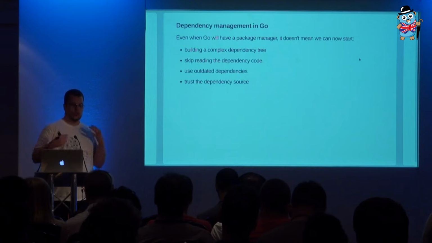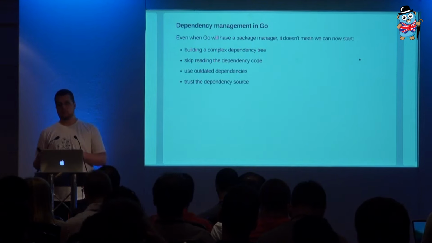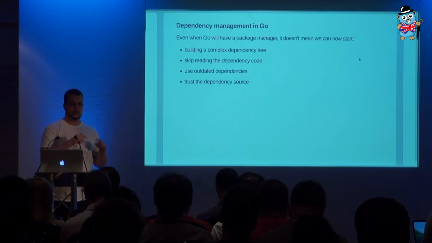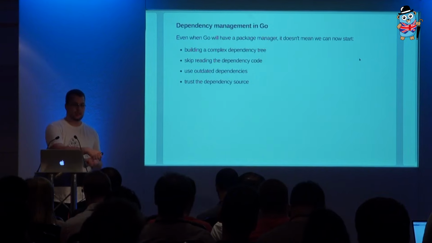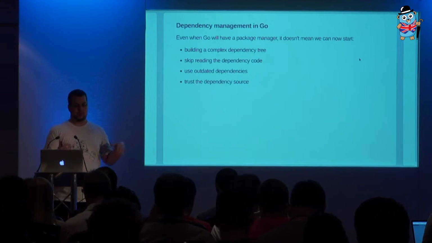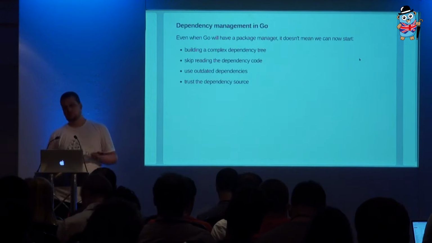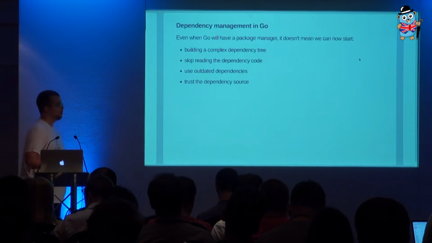I'm not saying building simple libraries is bad, but maybe you should try to understand what that library does and see if it's worth importing it in your dependency tree, or just maybe write your own. Or as Rob Pike said at some point, a little copy is better than a dependency. So there is that option.